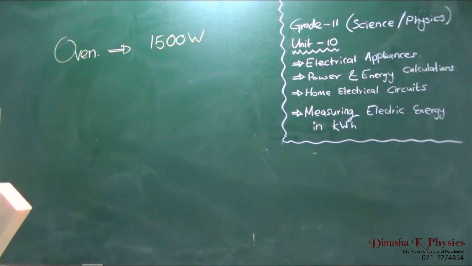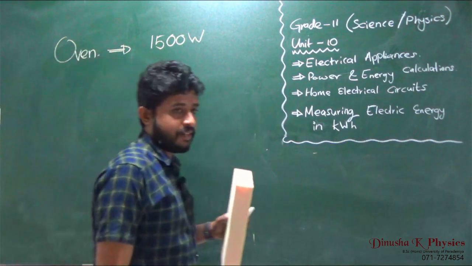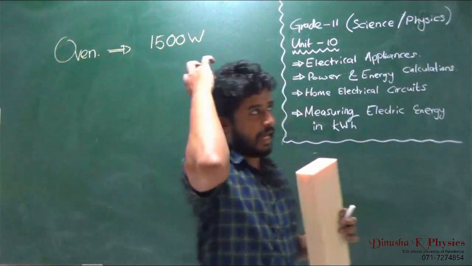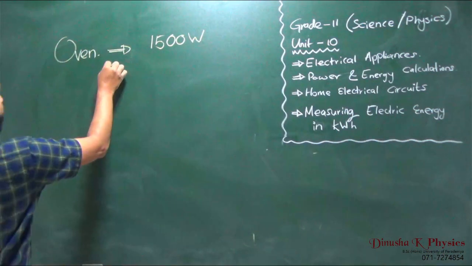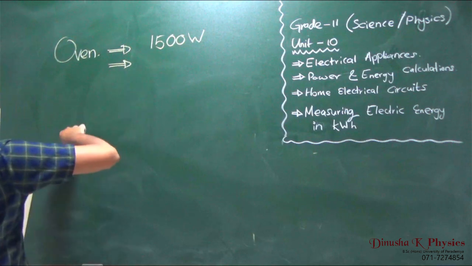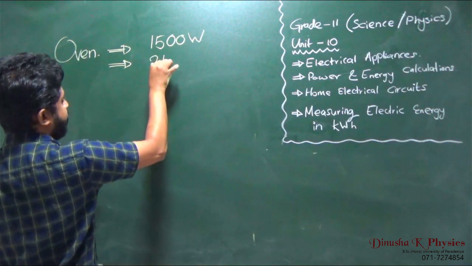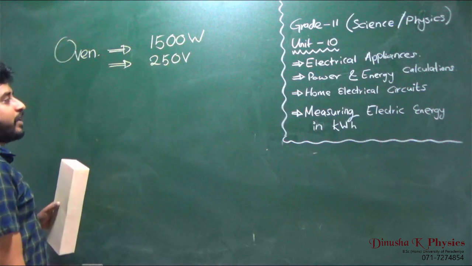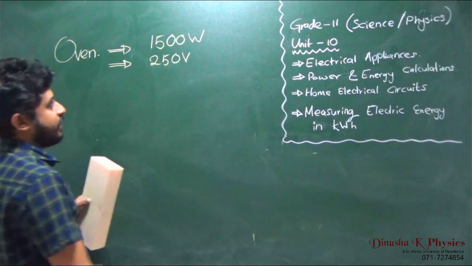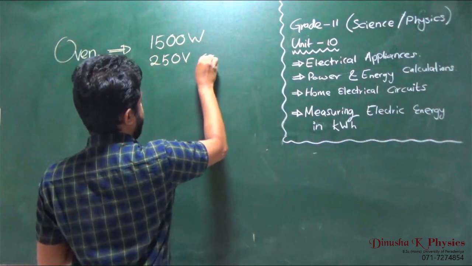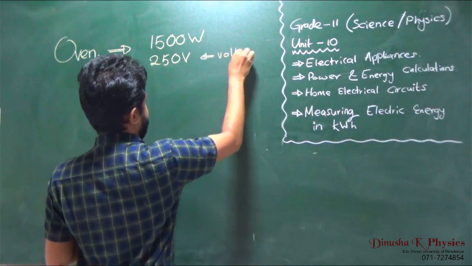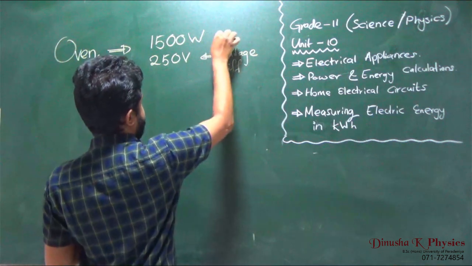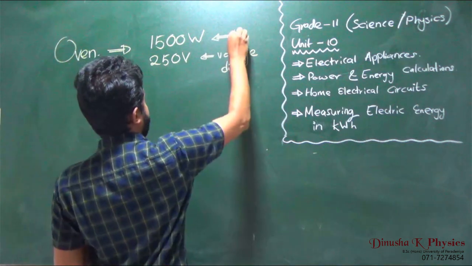The power of the oven is given as 1500 watts, and it is given that it is working under 250 volts. The voltage difference it works at is 250. So this will be the voltage difference and this will be the power.